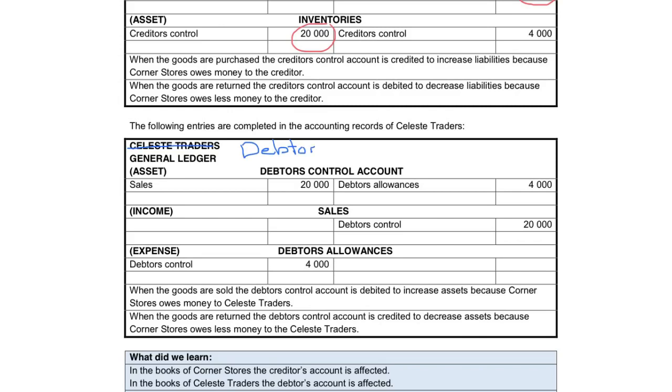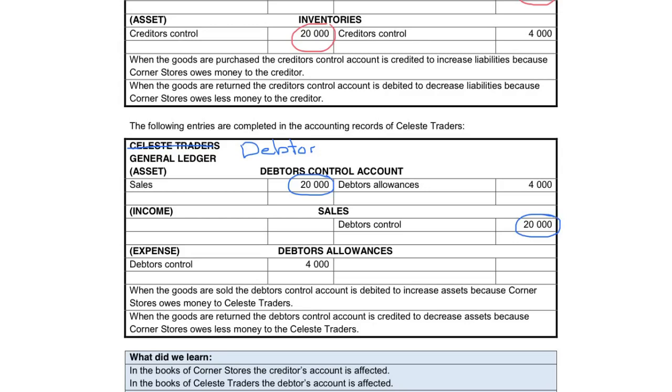When they sell the goods, they will debit debtors control and credit sales to show that they've got an income and there's an asset because the debtors will have to pay them in the future.